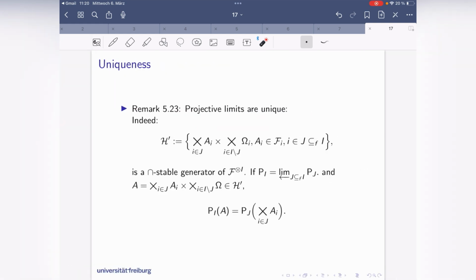So for such a set A, Pi of A equals Pj of the interesting part of the set A. And if you have two of them, they would both be the same because the Pj's are given through the projective family. They would be the same on this generator, so they are the same. So we have shown that projective limits are unique.